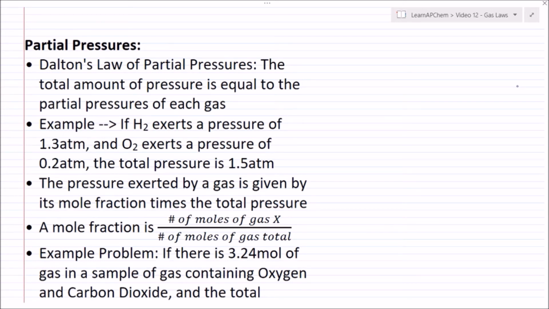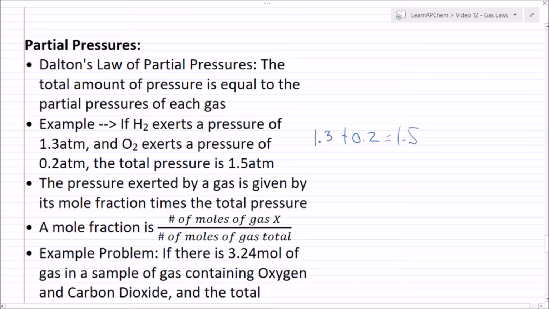So as an example here, if hydrogen gas exerts a pressure of 1.3 atm in a mixture, and oxygen gas exerts a pressure of 0.2 atm, the total pressure of my mixture is 1.3 plus 0.2, the partial pressures of each gas, or 1.5 atm.